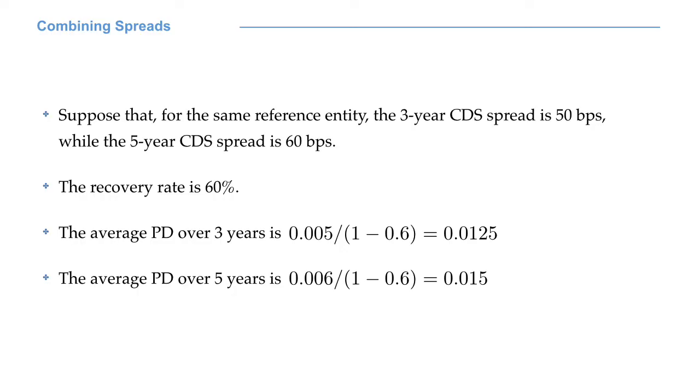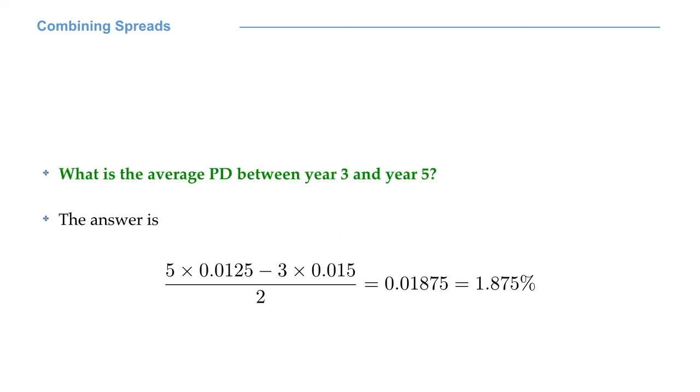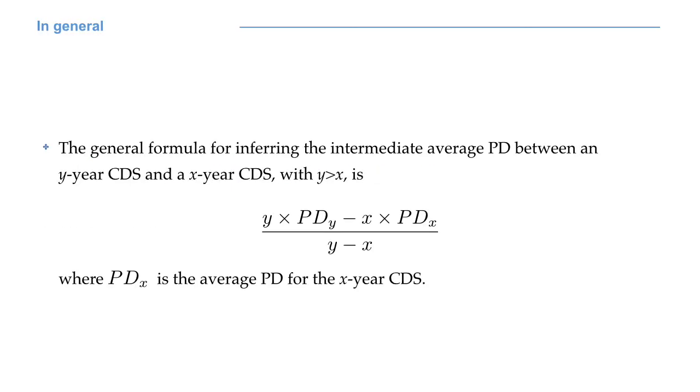Using the previous formula, we can easily compute the average probability of default over 3 and 5 years. These probabilities can then be used to estimate the average probability of default between year 3 and year 5, which is more or less 1.88%. The trick is to use the general formula you see on your screen.